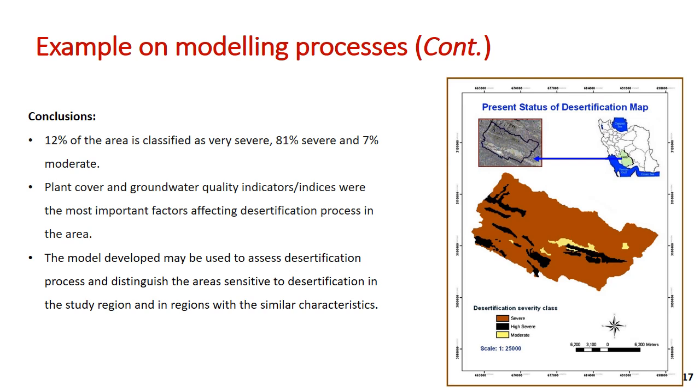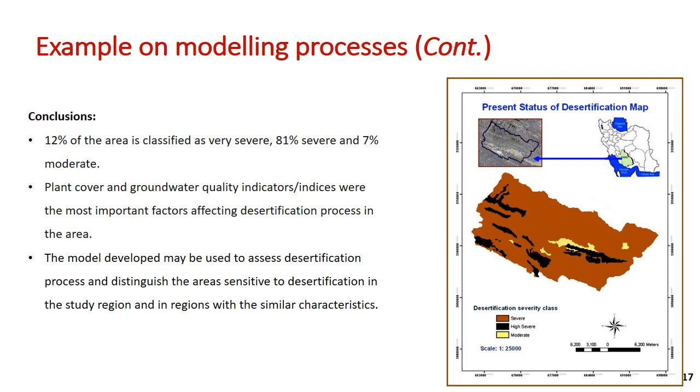So you would see that modeling helps us to understand the problem, and in addition, modeling helps us to identify the most important factors. Based on this study, they found that plant cover and groundwater quality indicators are the most affecting indicators. Remember, you have 6 indicators, but if you only concentrate on these 2 factors, groundwater quality and plant cover, and target them and play with different management scenarios, then you might solve and improve the problem.